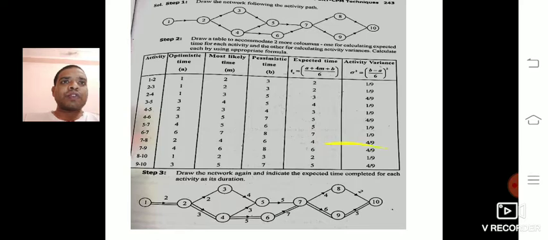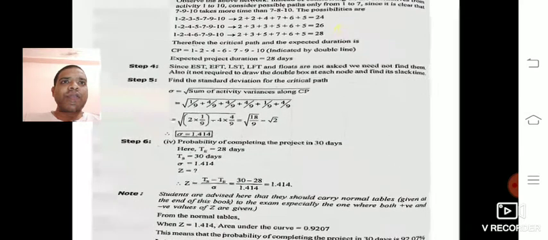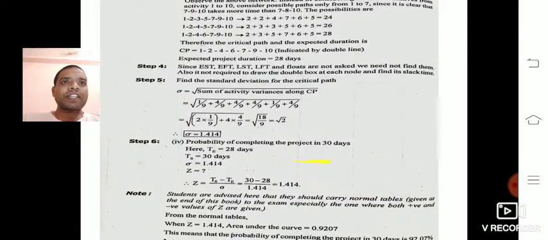So what is the formula? Sum of the activity variance along the critical path. The critical path is 1 to 2, 2 to 4, 4 to 6, 6 to 7, 7 to 9, 9 to 10.